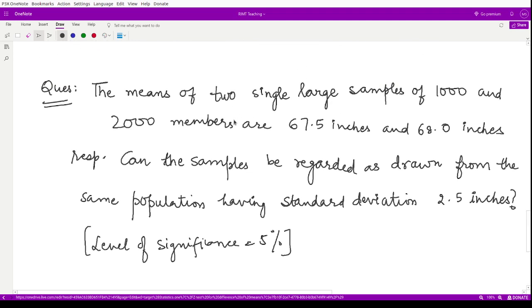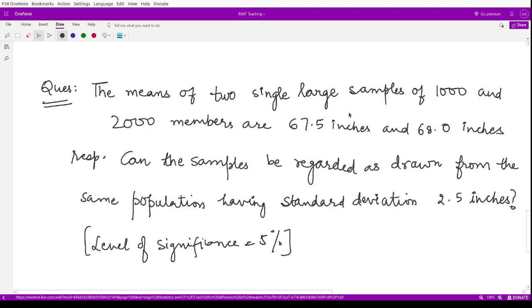They have given you two samples, one of 1000 sample size and one of 2000 sample size, with the means as 67.5 inches and 68 inches. So they are saying we wanted to test whether the same samples are from the same population. So suppose a person is having two kinds of fans in a particular shop.